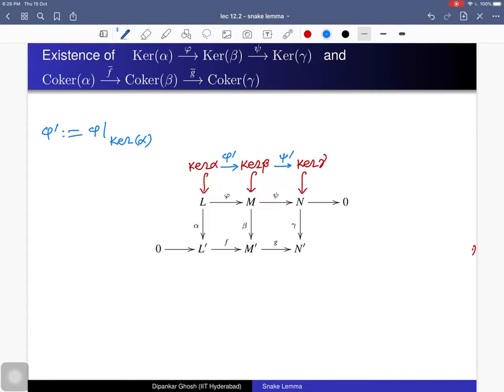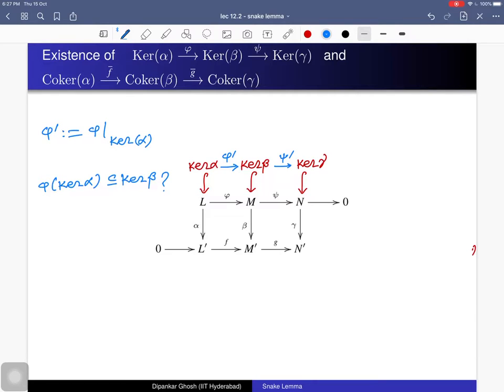We need to verify whether it is well defined or not, in the sense that if we restrict this map to this submodule, whether its image lies in kernel beta or not. Basically we need to verify that phi of kernel alpha is a submodule of kernel beta. That is the question.